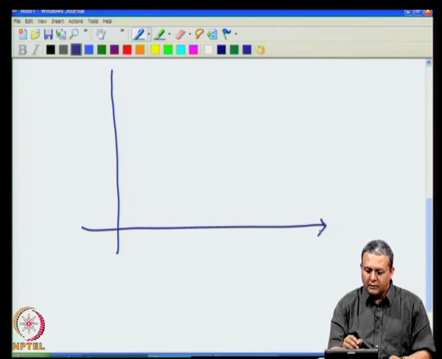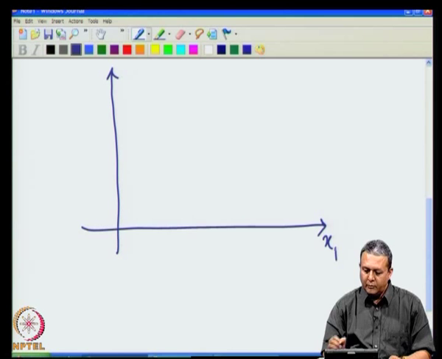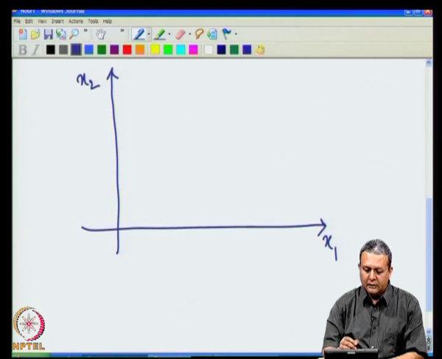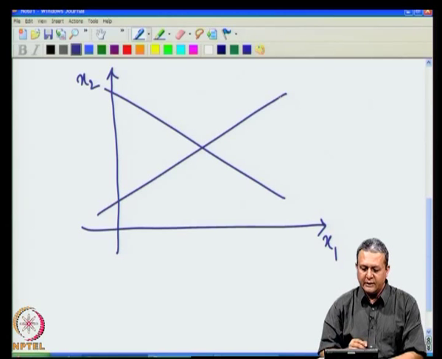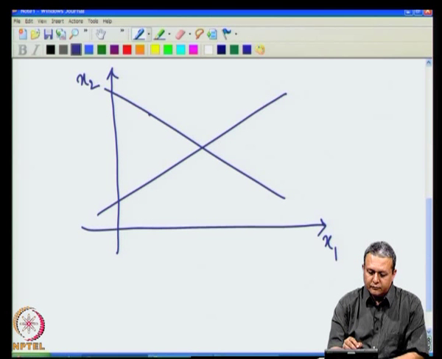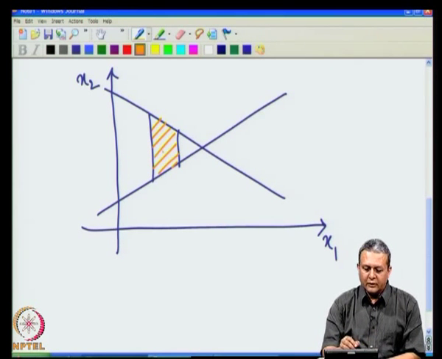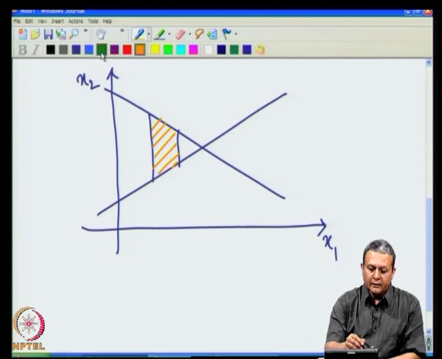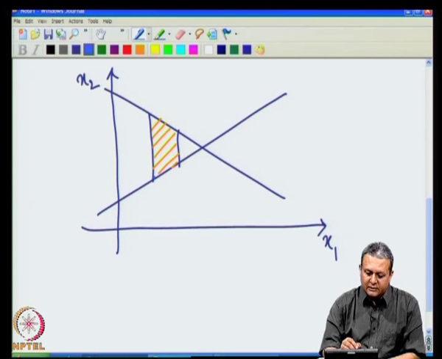Suppose we want to solve a problem, and the constraint set is shown by the shaded region here, and the vertices of this constraint set are given here.